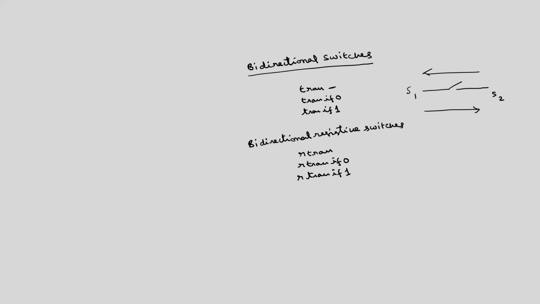This will be just a simple switch. This is the symbol for the tran with input and output. Whenever you write this tran, this switch will be closed, so the data can flow from input to output or output to input.